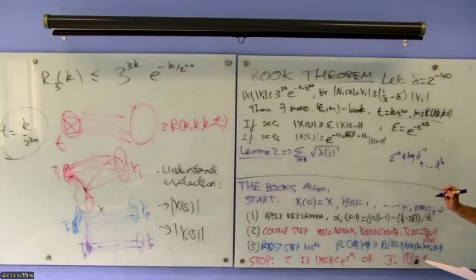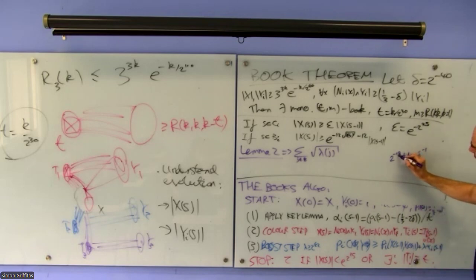Now, if t is large enough, which happens if k is large enough, this term is bigger than the other term. So I could say 2 to the minus 18 and it's just this.